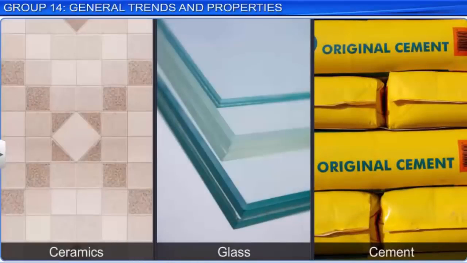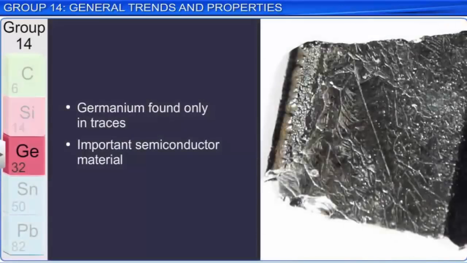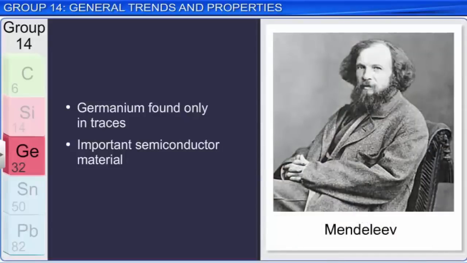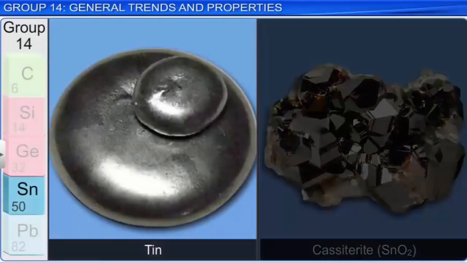Germanium is found only in trace amounts in the Earth's crust. Germanium was one of the unknown elements whose existence had been predicted by Mendeleev based on the gaps in his periodic table. Tin is a silvery white metal, as shown in the photograph on the left, with several allotropes.